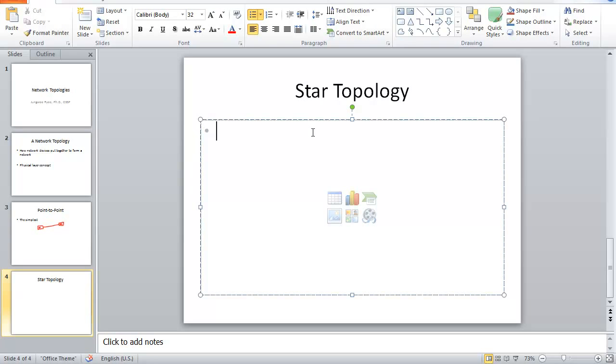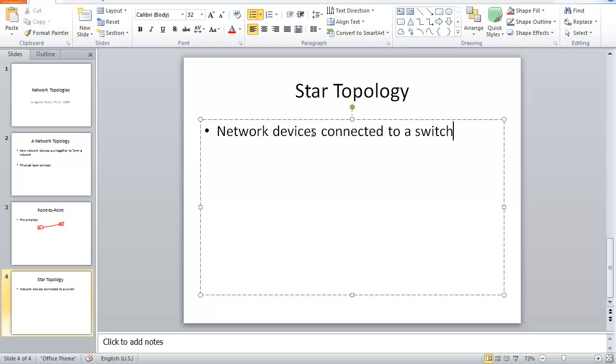In this case, you have a network device called a switch at the center, and all the other devices are connected to that central device. So network devices connected to a switch, that's called a star topology.